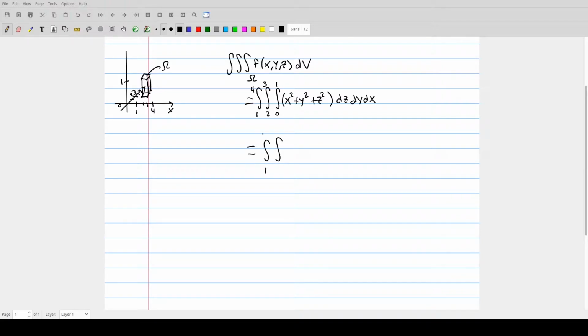It becomes the integral from 1 to 4 in x, from 2 to 3 in y, and the antiderivative of x squared plus y squared plus z squared with respect to z is x squared times z plus y squared times z plus z cubed over 3. This is going to be evaluated for z from 0 to 1.